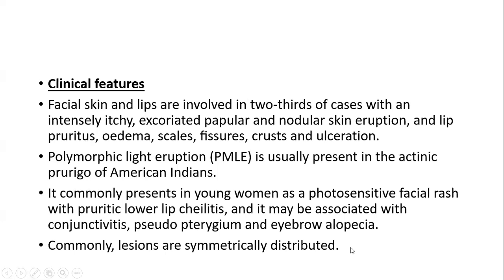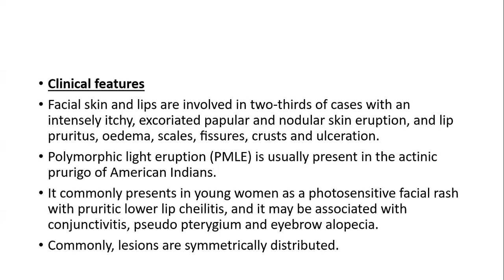Clinical features. The facial skin and lips are involved in 2/3 of cases with an intensely itchy, excoriated papular nodular skin eruption and lip pruritus, edema, scale, fissures, crust, and ulceration. So the hallmark is itchy papular lesions. Polymorphic light eruption is present in actinic prurigo in American Indians.